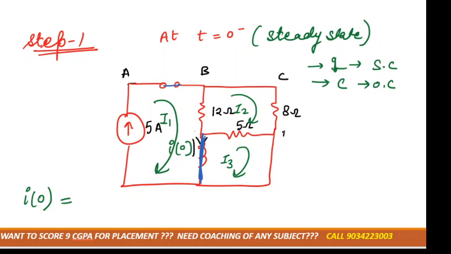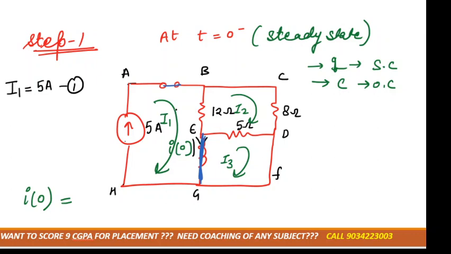Can you tell me the first equation, which we can get directly from the current source? I1 is equal to 5 ampere, because I1 and the 5 ampere source are in the same direction. I1 is moving from up to down, and 5 ampere is also moving from up to down, right?